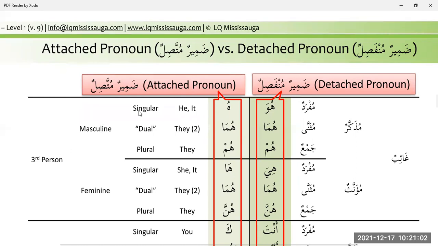Third person, masculine, singular, he. Attached pronoun of huwa is hu. Attached pronoun of huma is huma, and attached pronoun of hum is hum. Attached pronoun of hiya is ha, and attached pronoun of huma is huma. Attached pronoun of hunna is hunna.